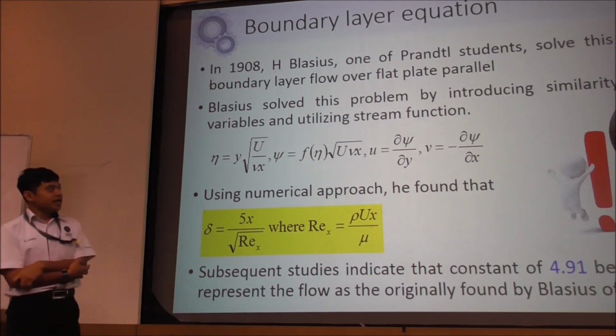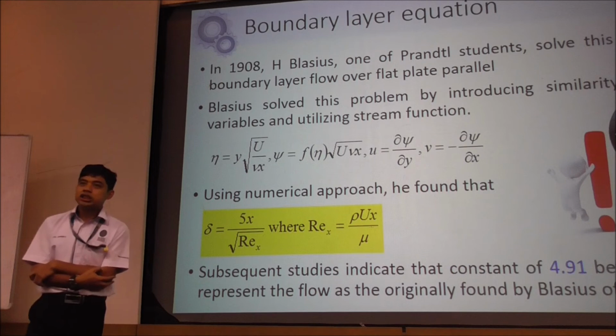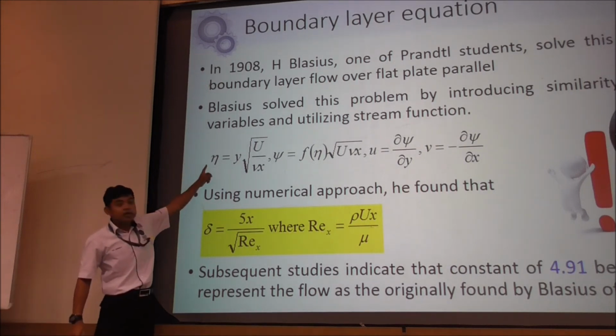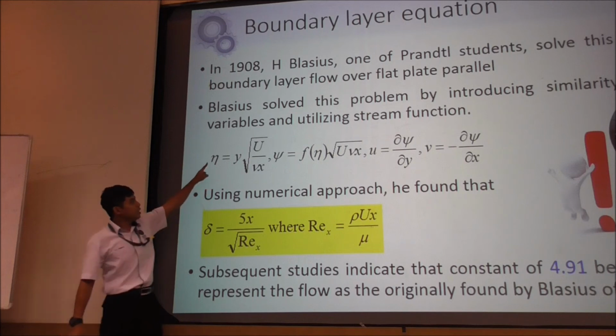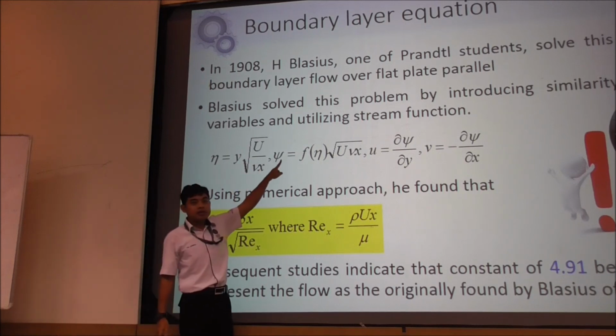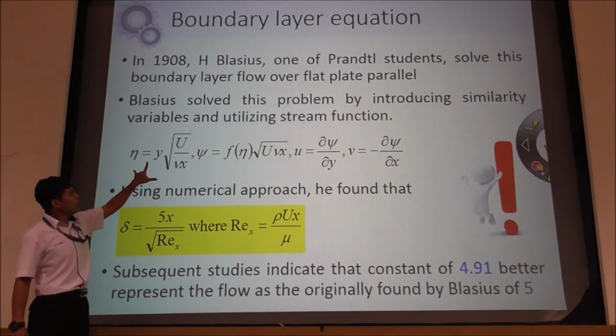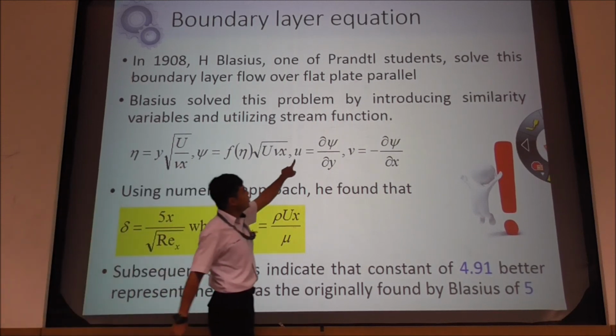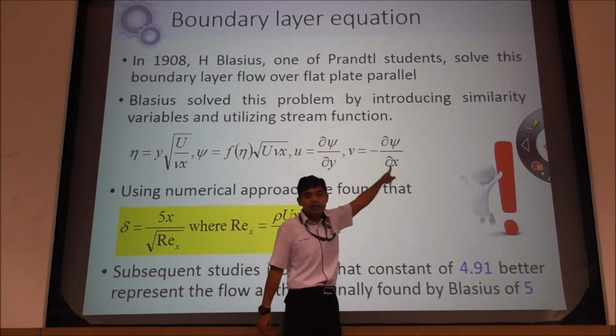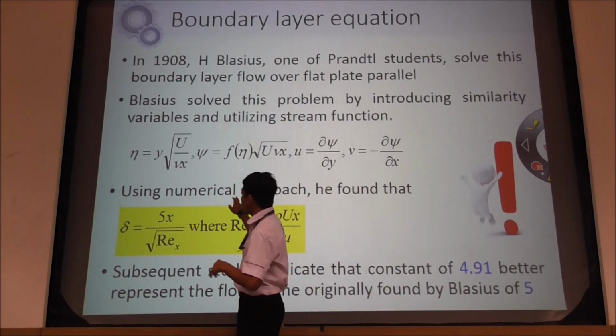So this one is called the stream function. You see, for that, you still cannot solve it in terms of u and x. You solve it in terms of psi. Okay, if you plug in here to there, and you know that u now becomes this and that, you can solve it using a numerical approach.